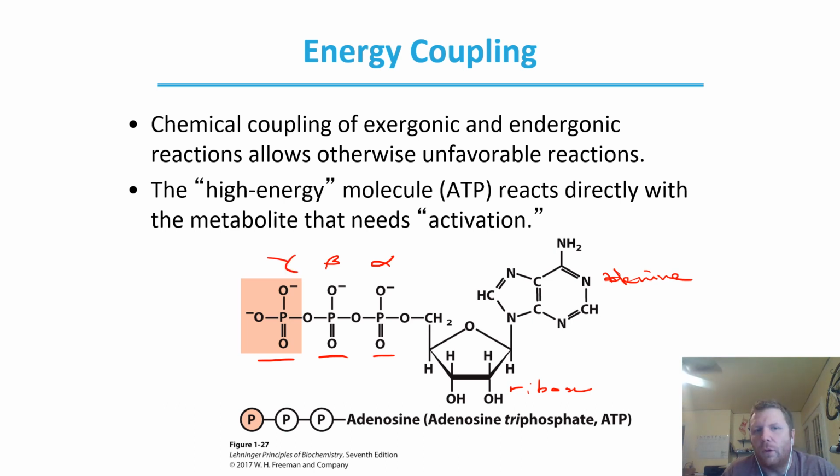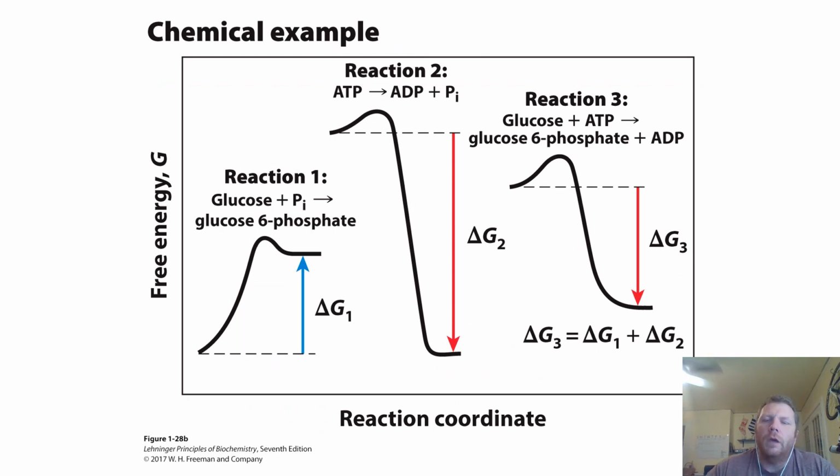So removal and hydrolysis of that beta gamma phosphate bond releases a large amount of energy. And that is something that you can couple with another reaction. Okay, our chemical example here is we're talking about the enzyme hexokinase.